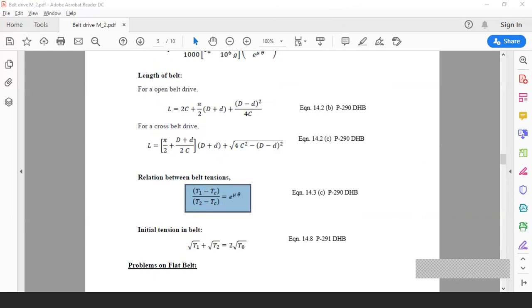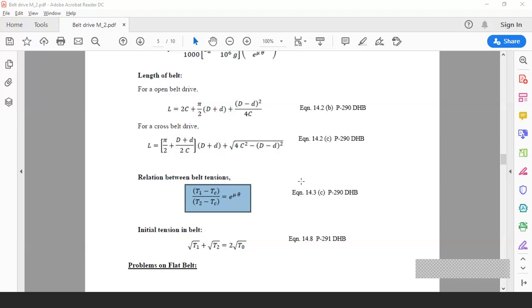So if you consider centrifugal tension, Tc is what? Centrifugal tension. This is the effect of the centrifugal force, as the belt is continuously rotating over the pulley, so it tends to move away from the pulley surface because of the centripetal acceleration that is developed. Because of that, there is some tension induced in the belt, which is called centrifugal tension.